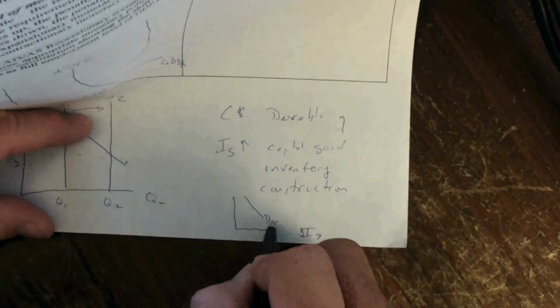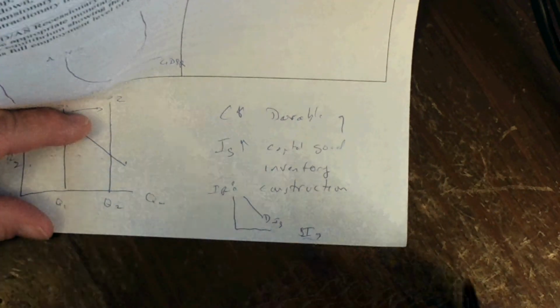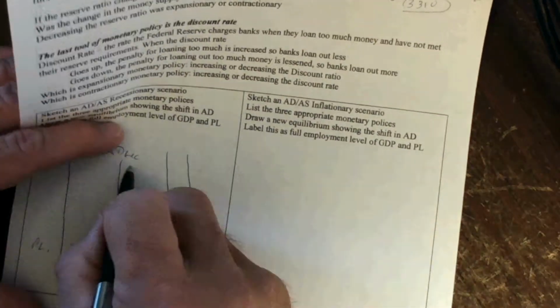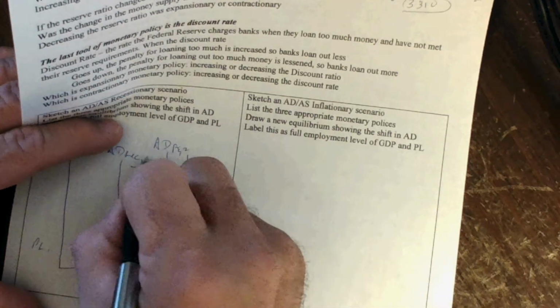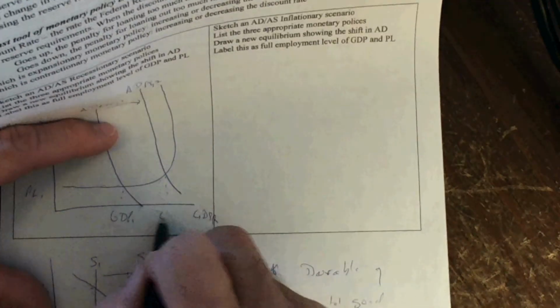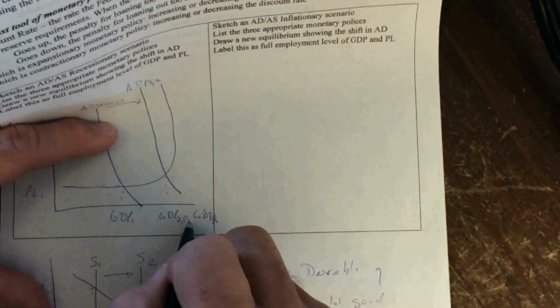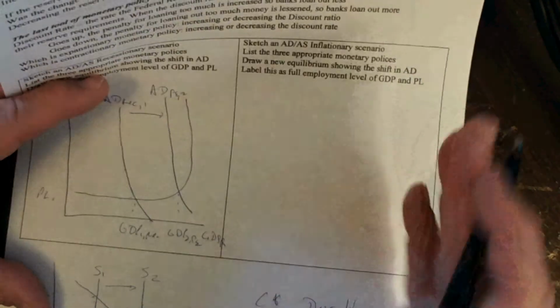Remember that IG was explained as a negative relationship between interest rates and the amount of business spending that would be undertaken. That would cause aggregate demand to shift this way, hopefully achieving GDP at full employment.